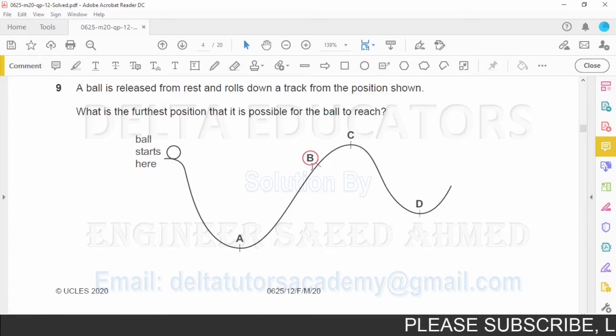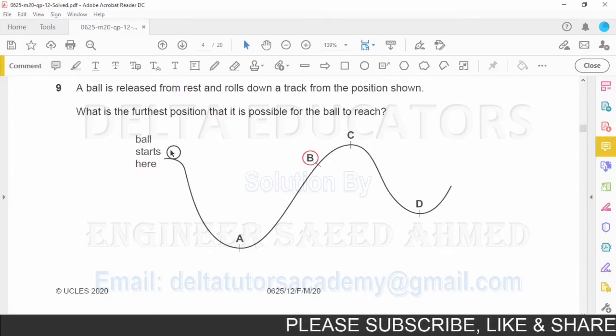In Newtonian physics, we have studied that energy can neither be created nor be destroyed, but can be converted from one form to another. So here gravitational potential energy is converted to kinetic energy, and here kinetic energy will be converted to gravitational potential energy.